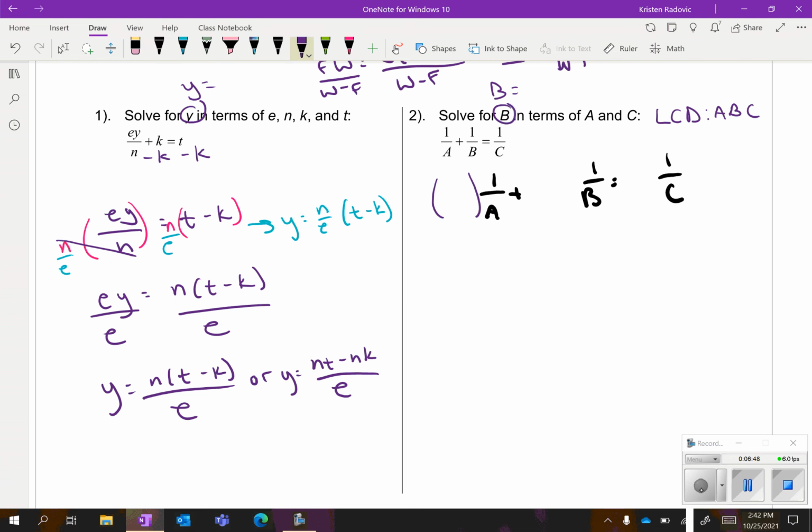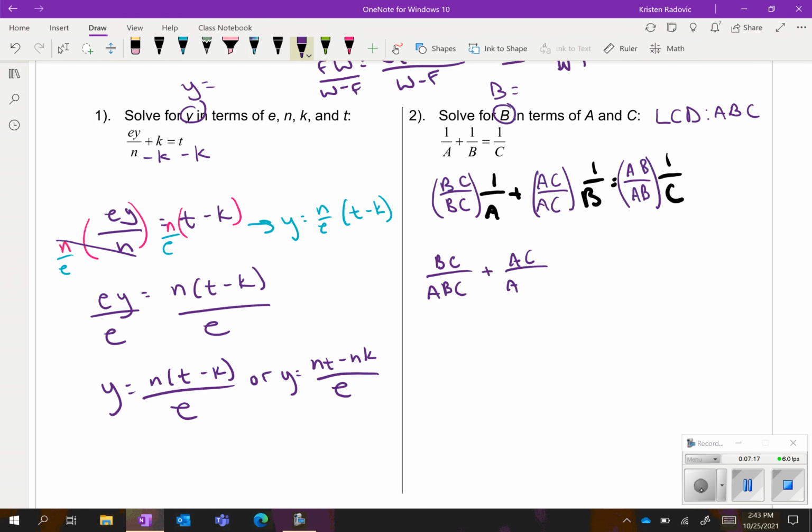A is missing the BC, the AB. When you multiply everything together, you're going to get BC over ABC denominators. And when you get common denominators, we don't care about them anymore. We're trying to match up our numerators now. So we're really left with BC plus AC equals AB.